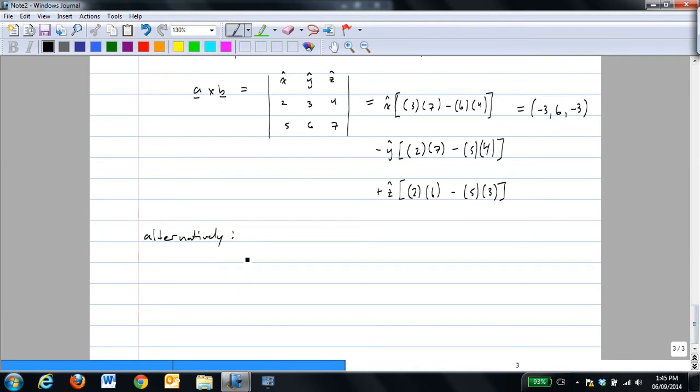So we have A cross B. If you write out what I had above in the general case, you have AX, AY, AZ, BX, BY, BZ. So if you have just a general vector, then it comes down to this formula here.